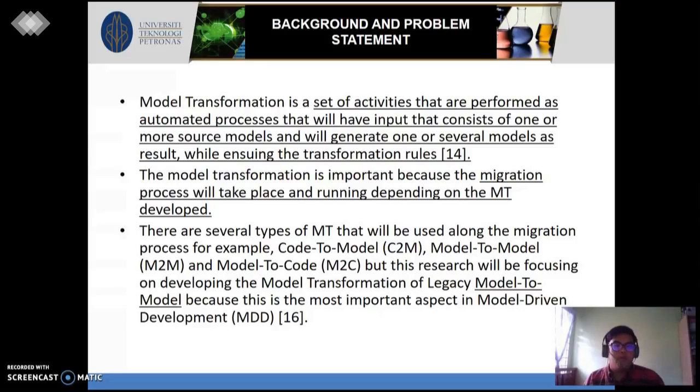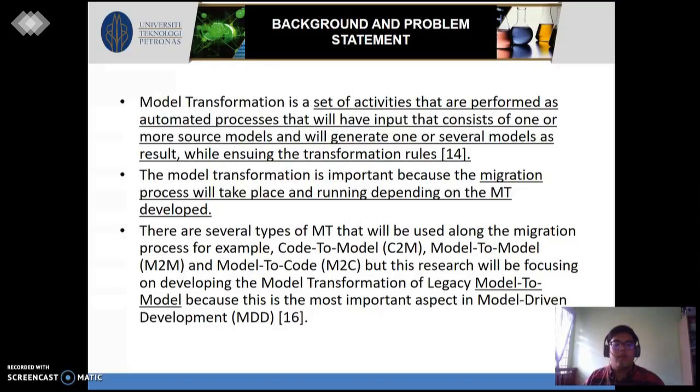So what is model transformation? Model transformation is a set of activities performed as an automated process that takes input consisting of one or more source models and generates one or more models as a result, while ensuring the transformation rules. Model transformation is important because the migration process takes place and runs depending on the model transformation developed.